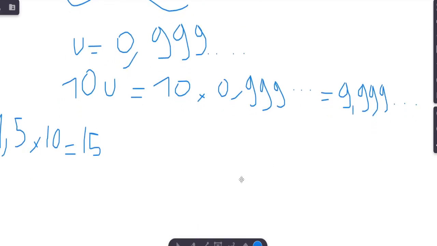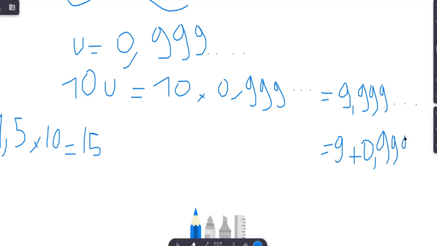But this again can be rewritten as 9 plus 0.999 with an infinite number of 9, which equals 9 plus u.